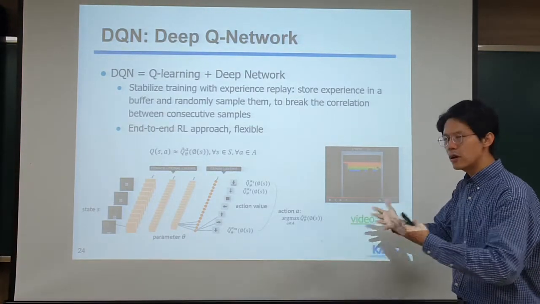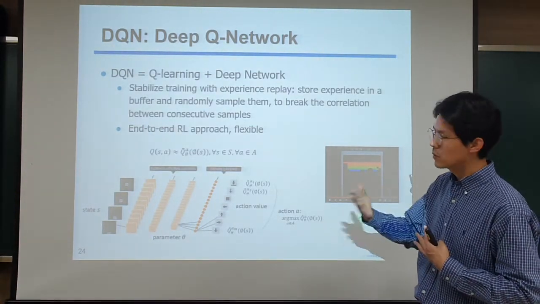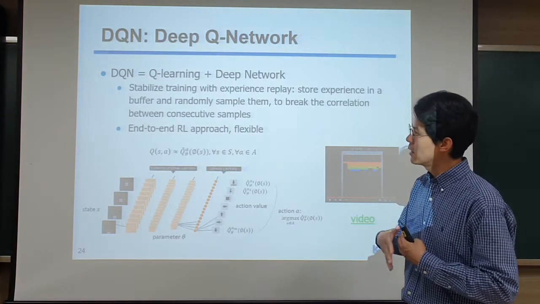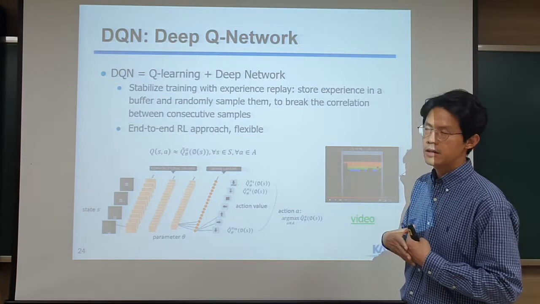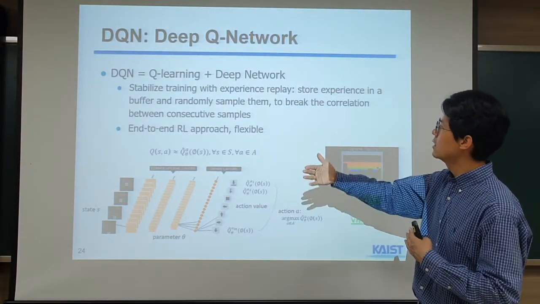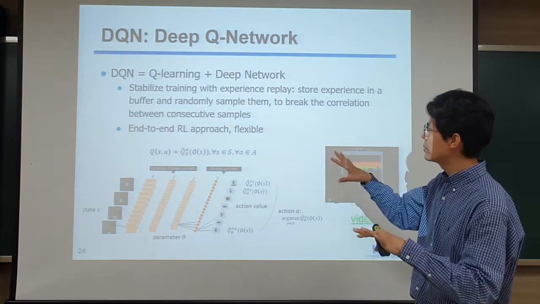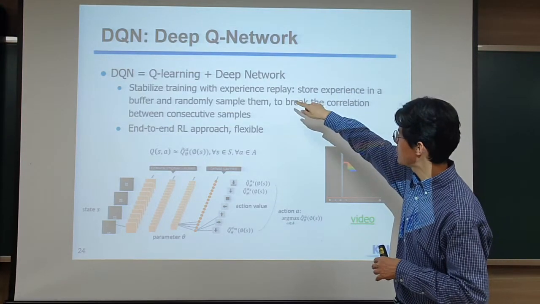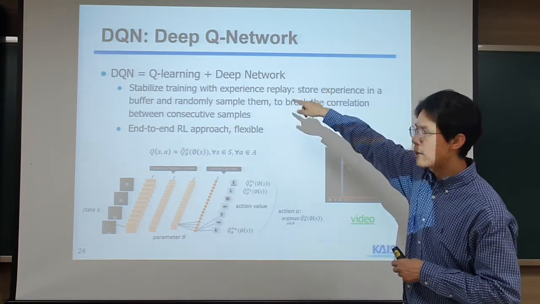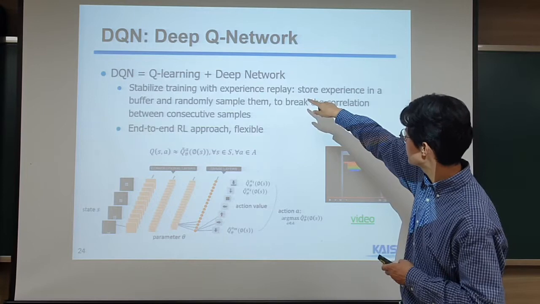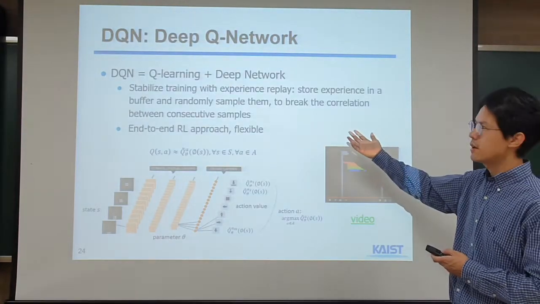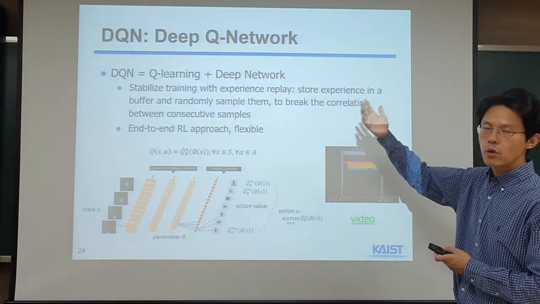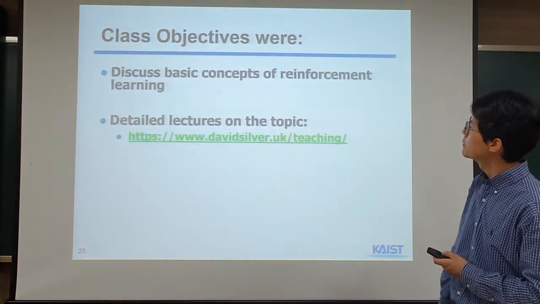But the experience that we achieve through this interaction in RL does not satisfy the IID concept. So, to break the correlation between the samples, we take this random sampling approach from the experience replay. There may be many other advanced techniques, but I recommend you go over those papers if you're interested in them.